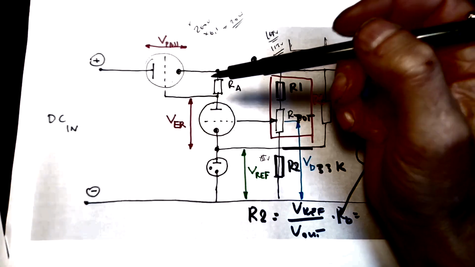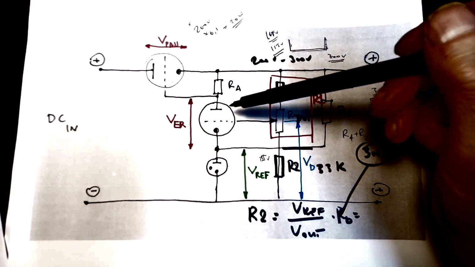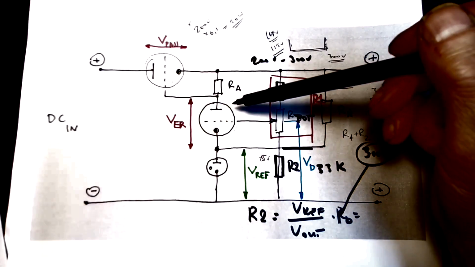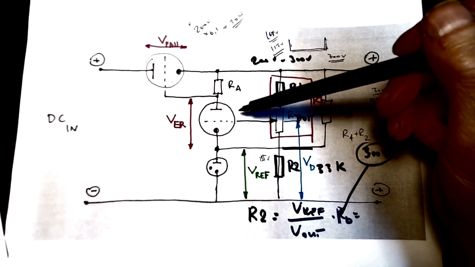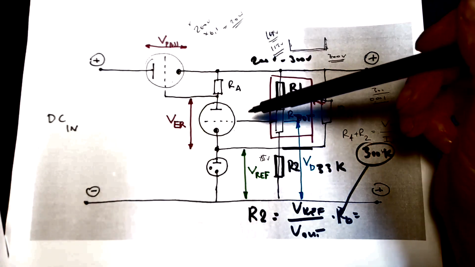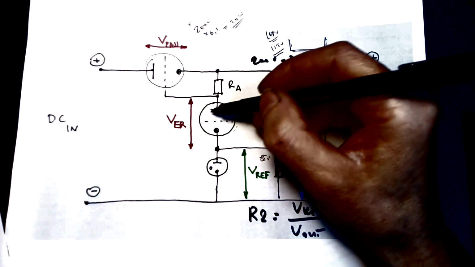Till this moment I have not talked about how to use the pentode in an error amplifier. It means we have to feed the voltage inside the second grid of this.